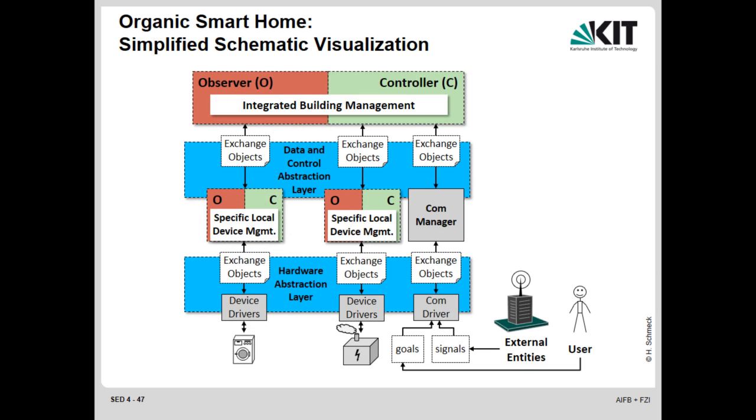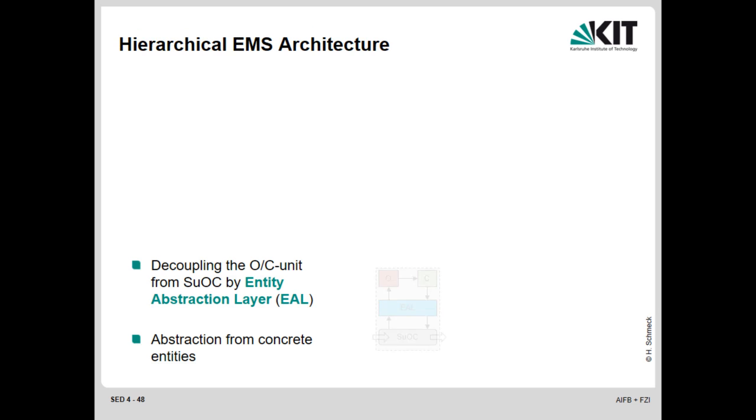Now this has been extended in our research group, actually not just to look at individual houses, but also into some integrated building management. So we say that we still have here some hardware abstraction layer, or you could also say an entity abstraction layer. So this is more or less the organic smart home architecture, but we could generalize that to an architecture which abstracts from certain entities.